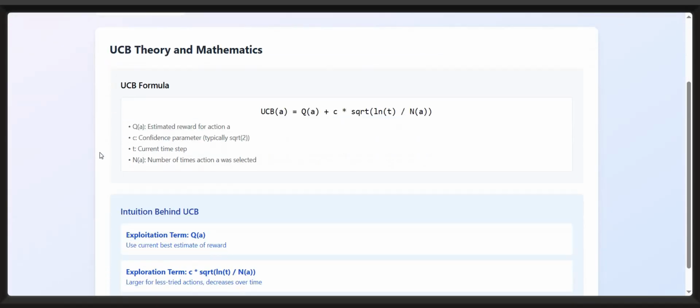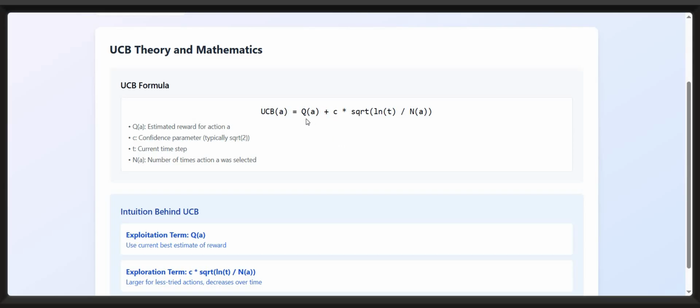Okay, here's the formula, and let's look at this. Let me say again, more clearly, what's happening: UCB of a equals Q of a, that's the estimated average reward for that action, plus c times the square root of log of t divided by N of a.